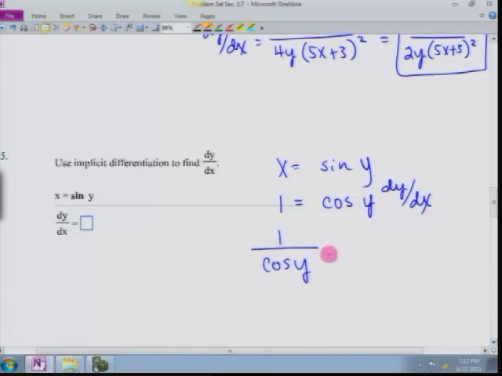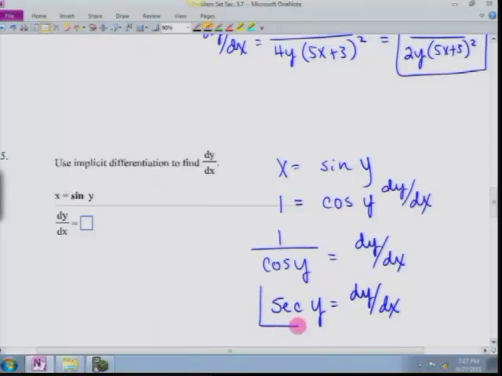Could you go a little further? Secant y. Yeah. This is where just having trig comes in handy, because it's in your head, you know, oh, 1 over cosine, yeah, that's secant. I'm so happy I did that and the algebra. Okay, so we're good.